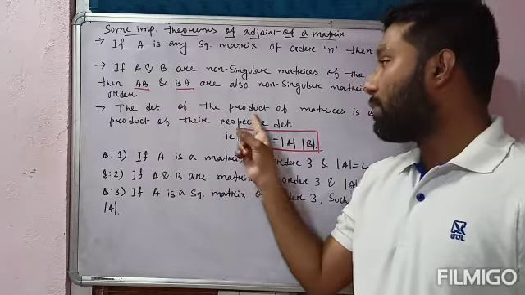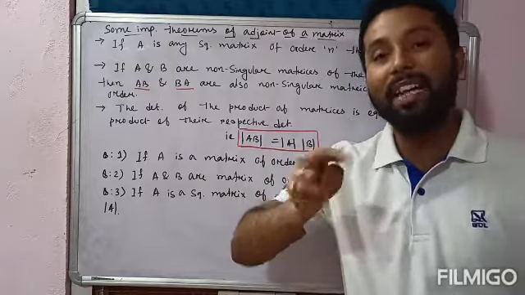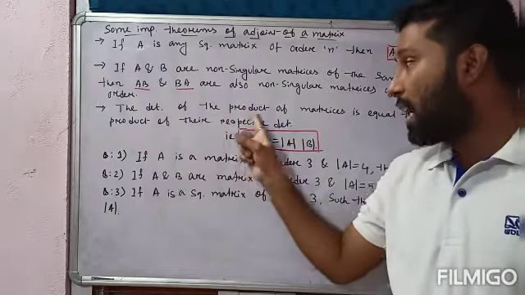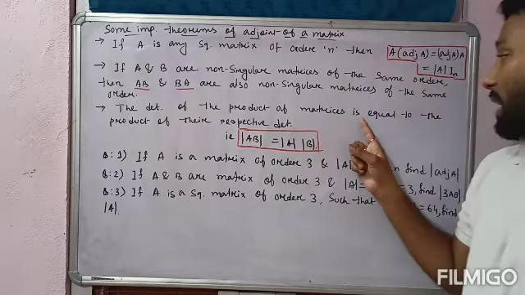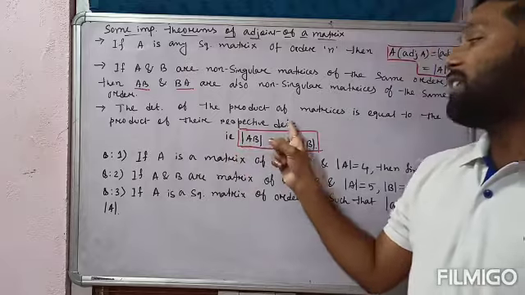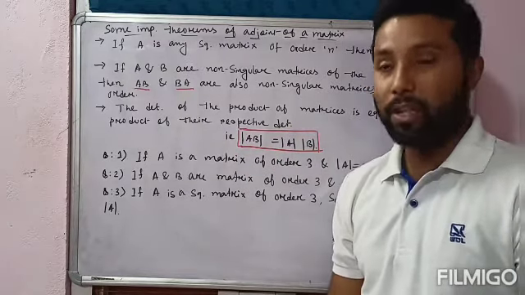Okay, next, the third point, the determinant of the product of matrices. Matrices means say A and B, capital letters A and B. The determinant of the product of matrices is equal to the product of their respective determinants. Once again I am repeating the third theorem.